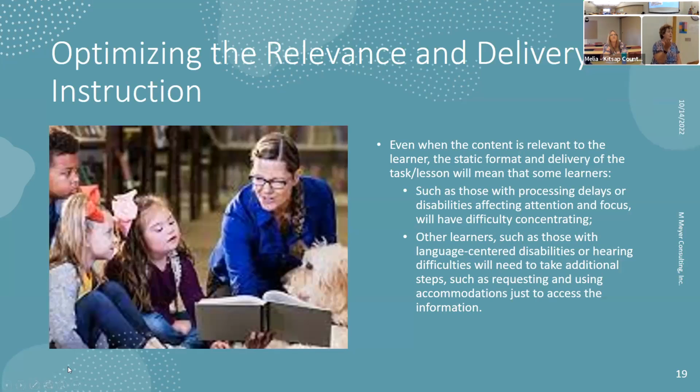You know, optimizing the relevance and delivery of instruction. Even when the content is relevant to the learner, the static format sometimes can be that barrier. And those with processing delays or disabilities affecting attention and focus will have difficulty concentrating. How do we give them the opportunity?